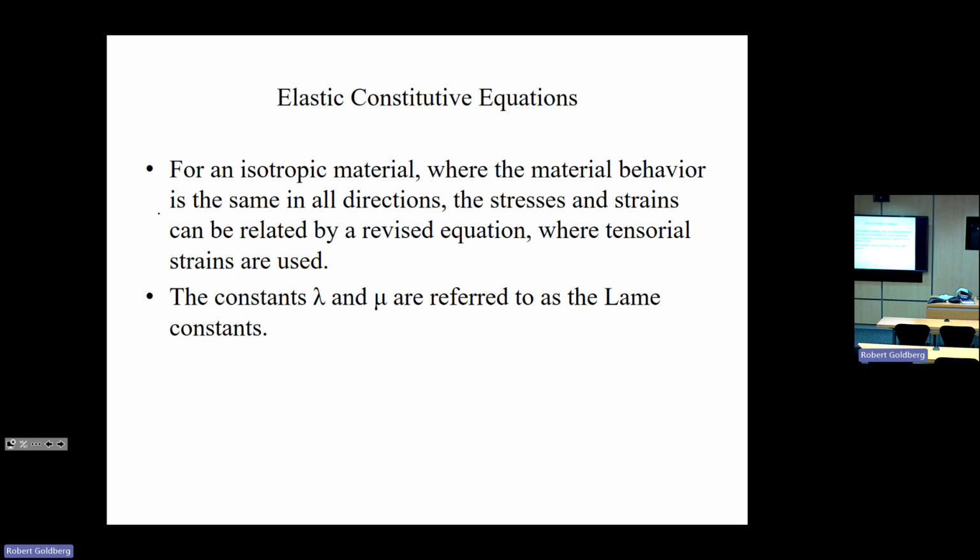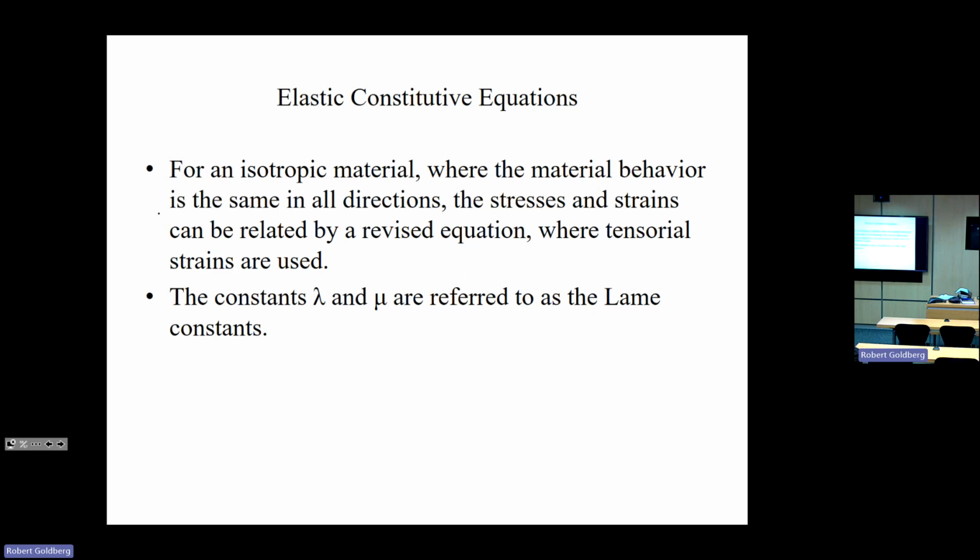So for an isotropic material, where the material behavior is the same in all directions, we're going to do a very rigorous looking at defining the equation to relate the strains and the stresses. And next time we'll get to how we convert this rigorous derivation to the equations using the constants like Young's modulus, shear modulus, Poisson's ratio that you're used to.